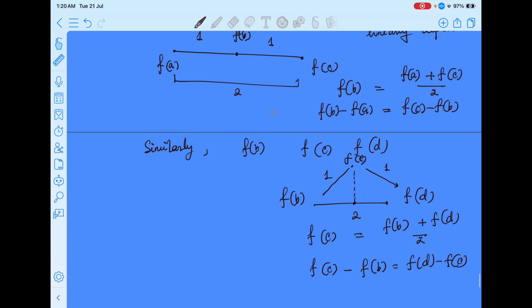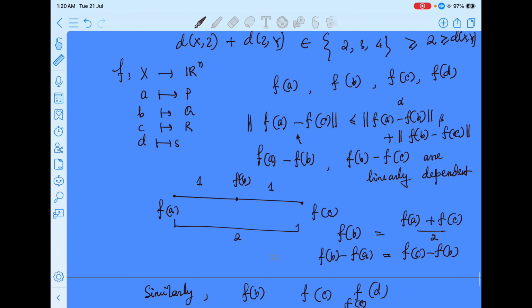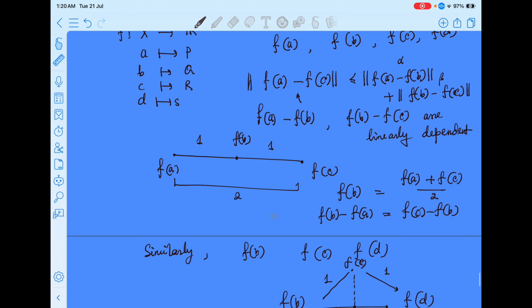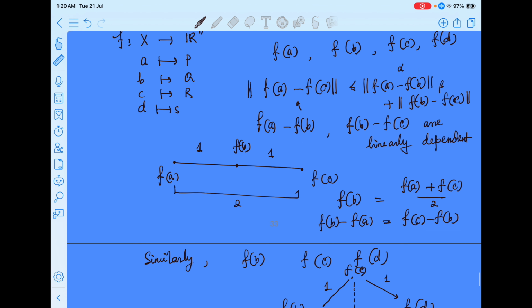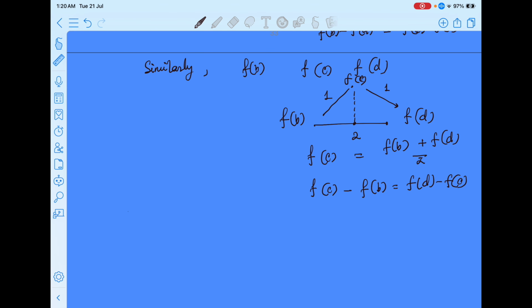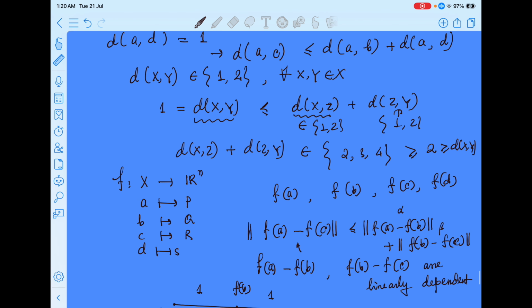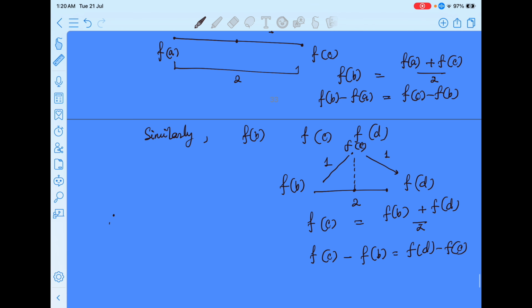Now what can you say? Geometrically, P, Q, R are on the same line, and Q, R, and S are on the same line.